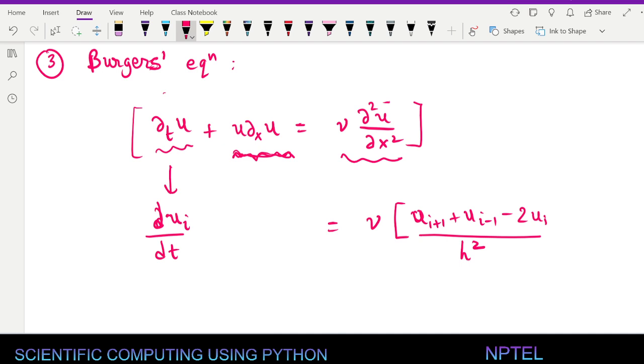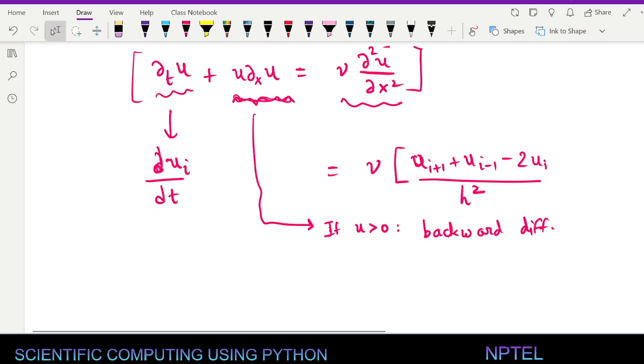And for this one, if u is positive, use backward difference. So it becomes u i into u i minus u i minus 1. And if it is negative, then use forward difference.